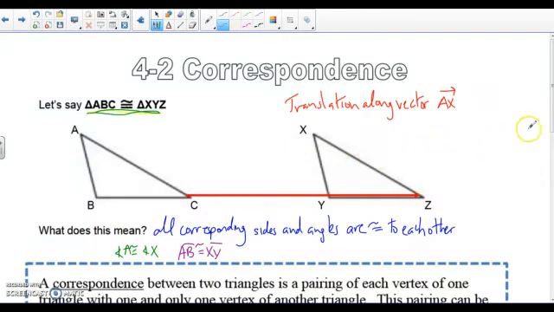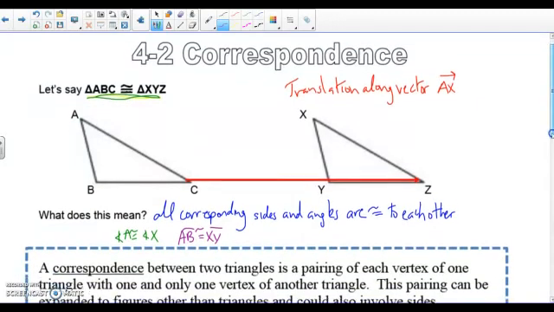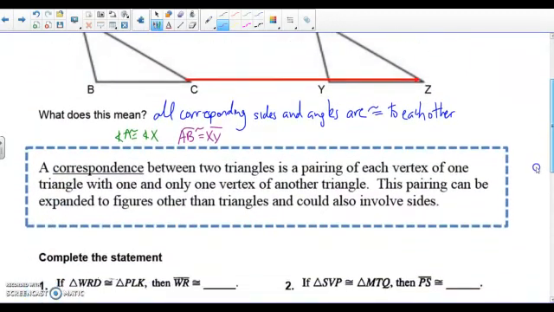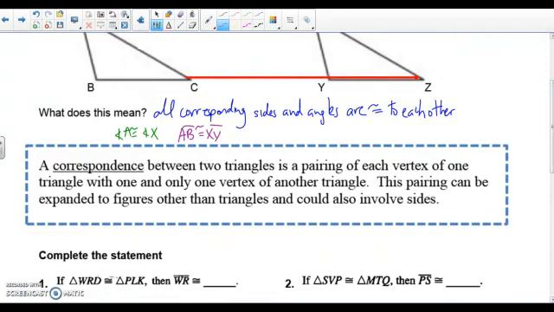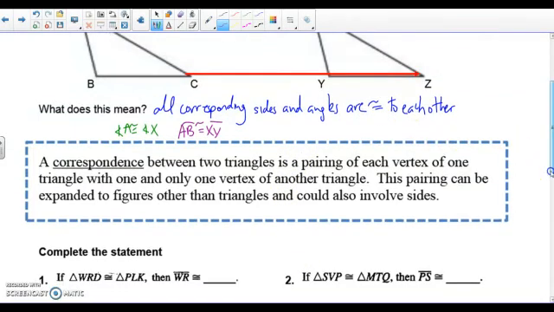All right, so that's the main idea for today, and it's going to be our job to find those corresponding sides and angles. So there's your definition for correspondence. Each vertex of one triangle is paired with one vertex of another triangle, and also the sides of those triangles.